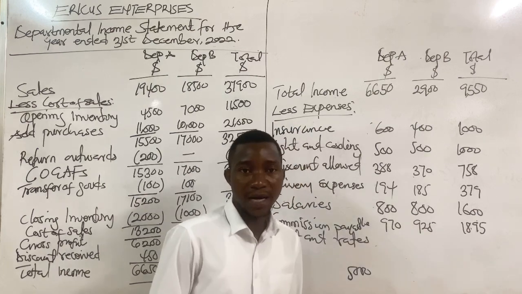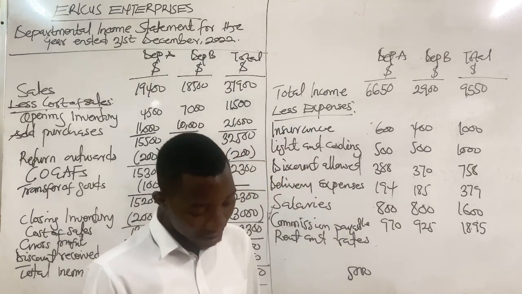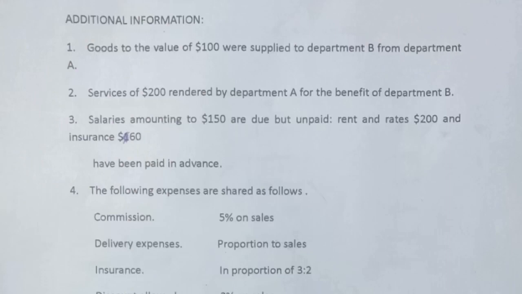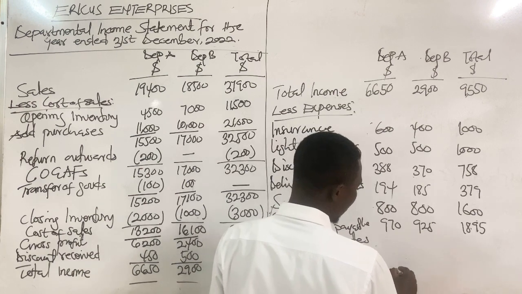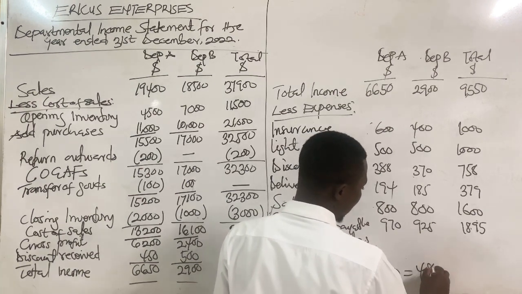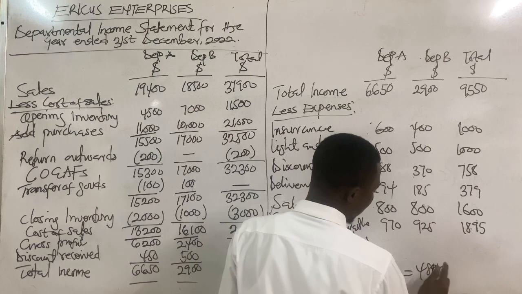But let's go through the additional information to see if there is any information relating to it. Rent and rates of $200 have been paid in advance, okay? That is prepayment. So we need to take out the prepayment of 200, making it 4,800.